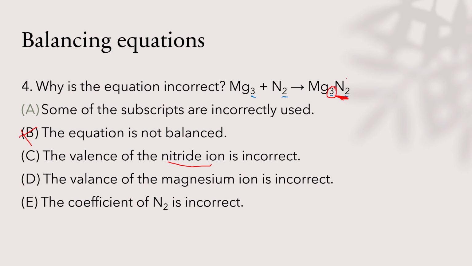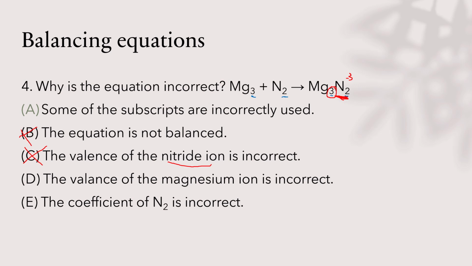So it's telling us here that magnesium has a -3 valence, a -3 charge. And if you look at the periodic table, yes, it does. So that is incorrect, because based off where nitrogen is in column 15, it will form a -3 charge.